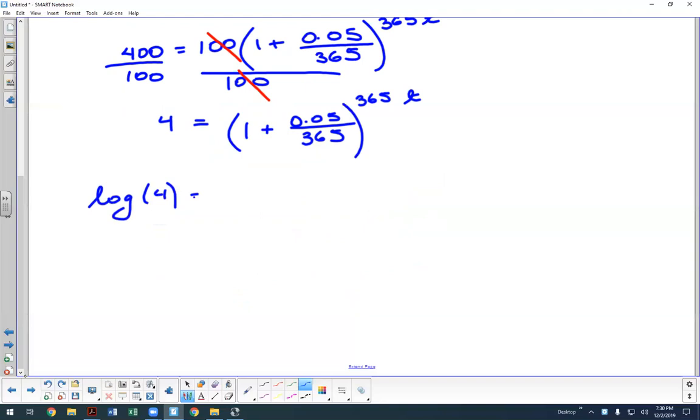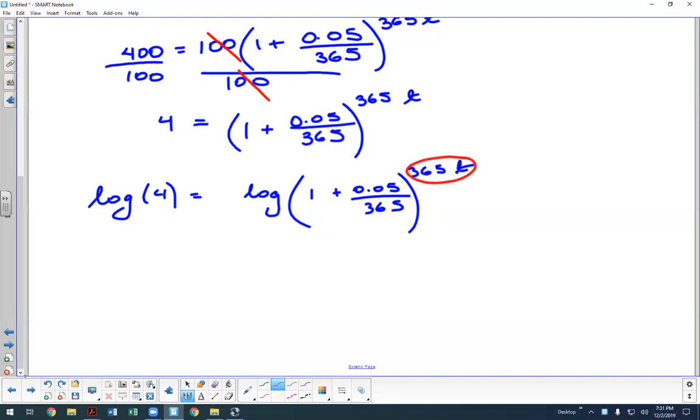So we'll take a log on both sides of our equation. Again, we're using log so that we can bring that t down to the base level. So that whole exponent will come down in front of that logarithm.